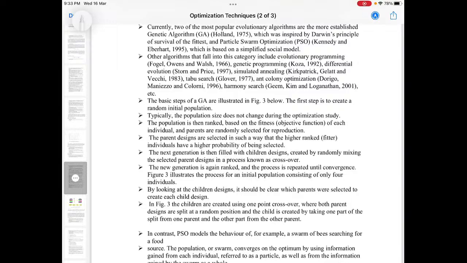The next generation is then filled with children designs created by randomly mixing the selected parent designs.